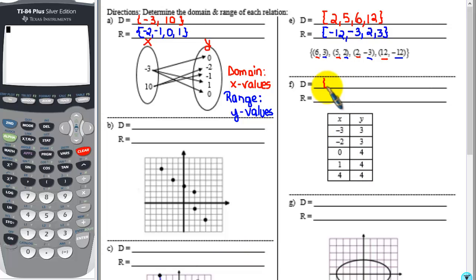Here the x values will be -3, -2, 0, 1, and 4. And the range is going to be 3 and 4.